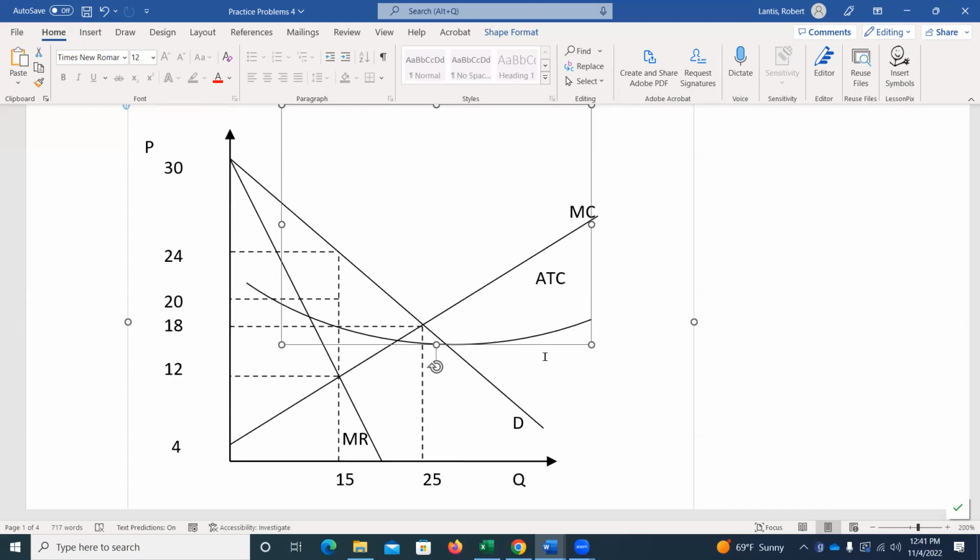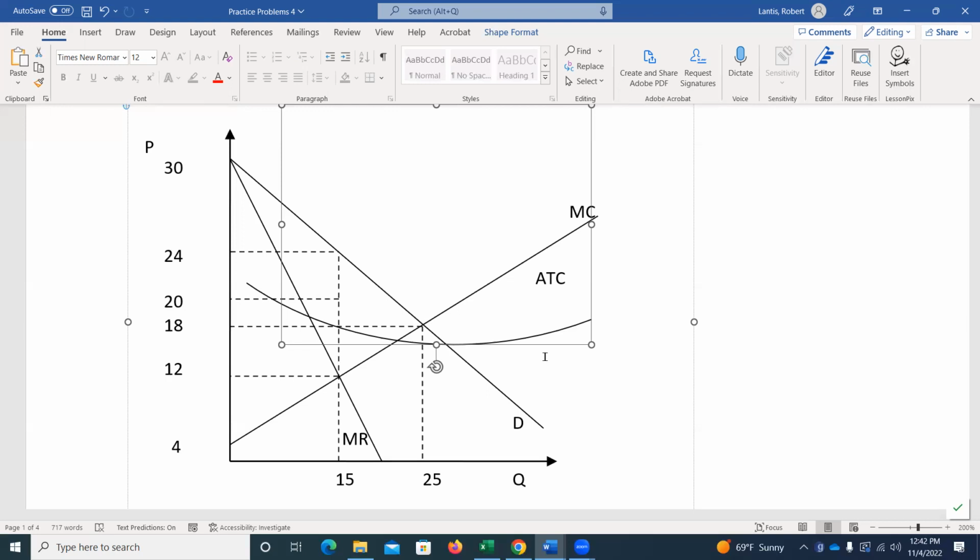The profit maximizing quantity would be down here, because there's a lower price, so the quantity that the firm sells falls. Now what has happened to profits? They're negative, since my price is slightly below my average total cost curve.